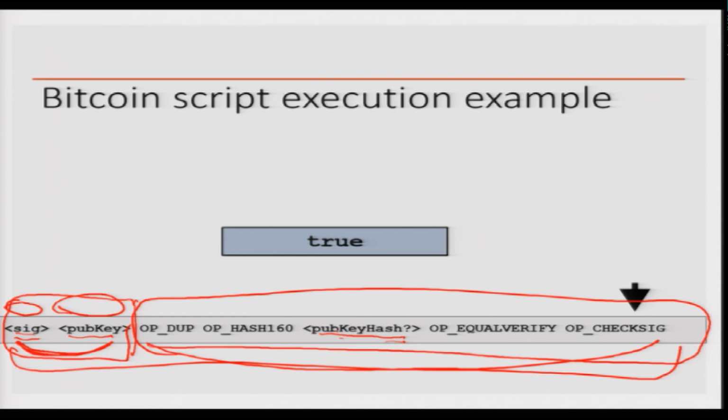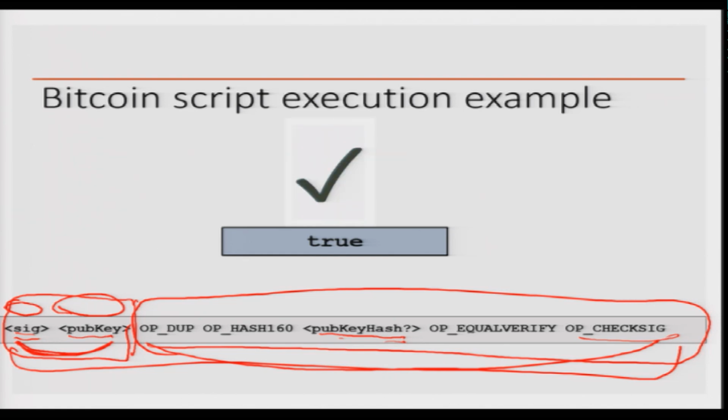And then I will check the signature. I have the public key, I have the signature, so I can check the signature. This is how it makes sure that the spender of the money is indeed the correct spender, who has the authority to spend that money.